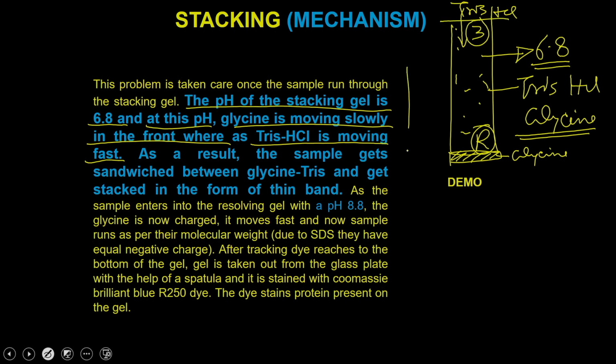So, you can imagine that you are putting the two molecules, the number 3 molecule and the R molecule, between them, where the tris is used as a plunger. What happens is that the tris is pushing the molecules, whereas the glycine is not allowing these molecules to move as per their electrophoretic mobility. Because of that, all the molecules will reach this point and they will get stacked.